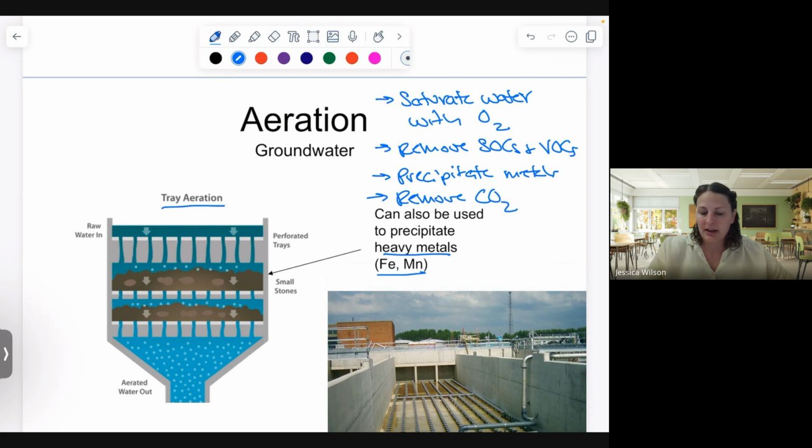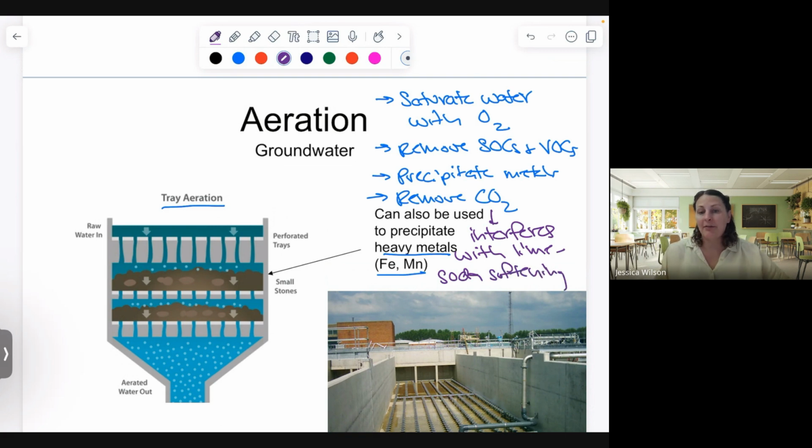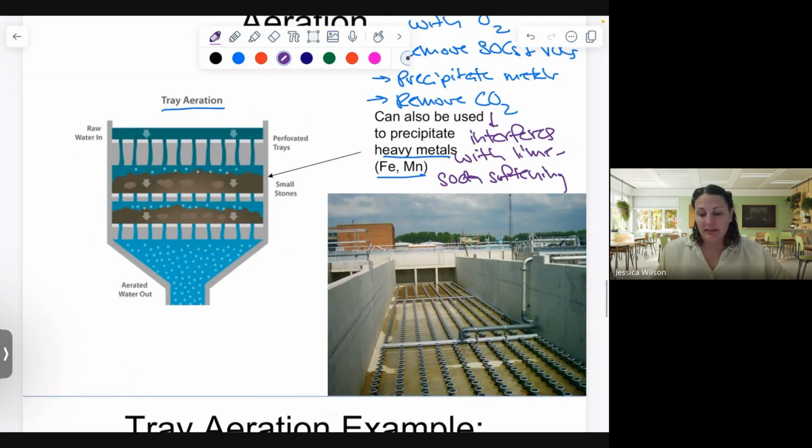And remember, we need to remove this carbon dioxide because it interferes with our lime soda softening. So again, if we have this lime soda softening process to remove hardness from groundwater, then we can use tray aeration to remove CO2.